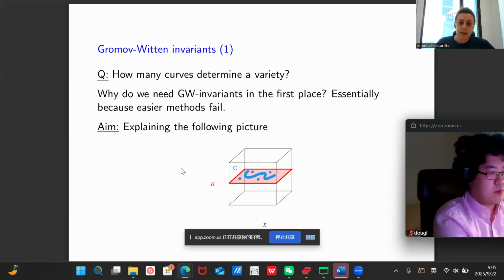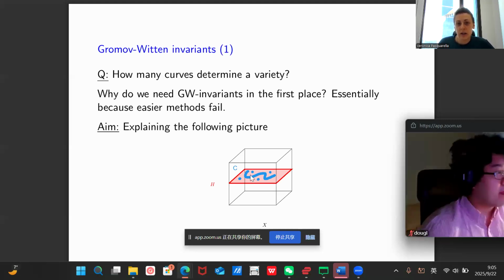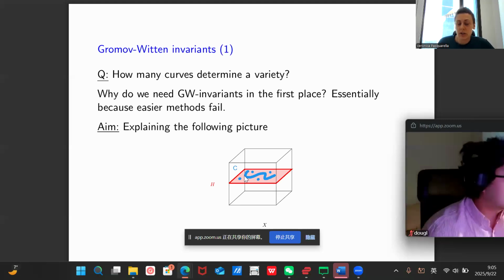So essentially, for those who have never seen Gromov-Witten invariants before, this is what I want to describe. Say that I have some variety, which is this black box. It could be, for example, a Calabi-Yau, and I start with a certain curve, and the curve might not be a continuous or smooth object.